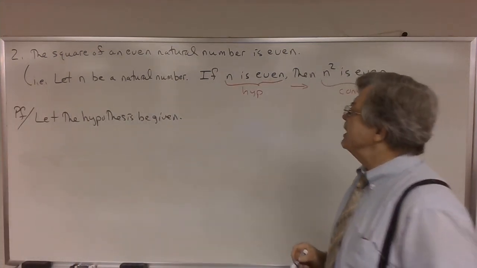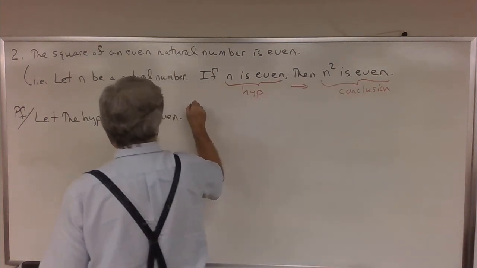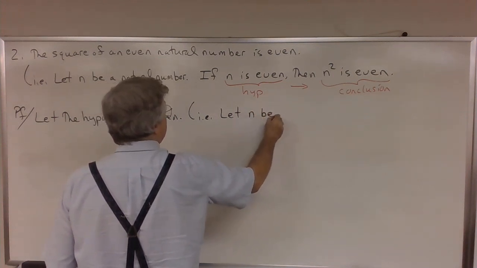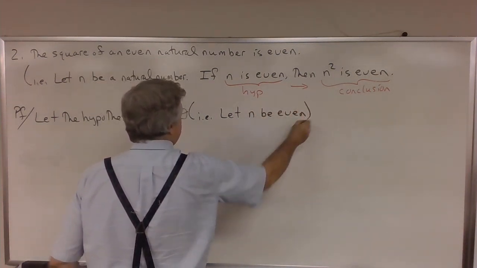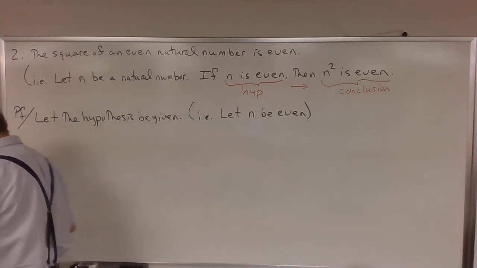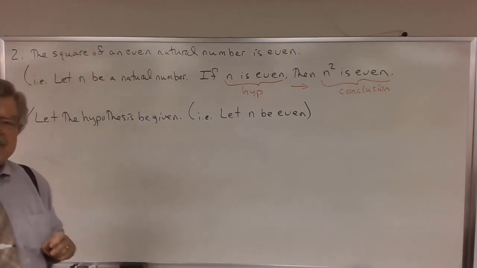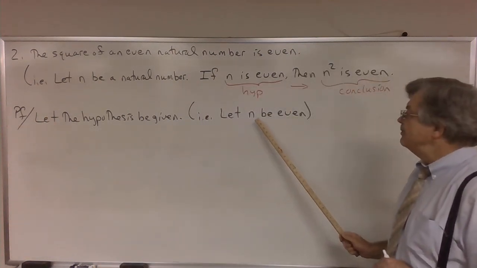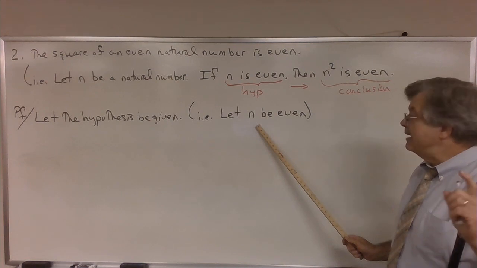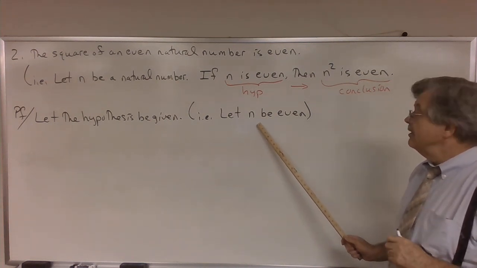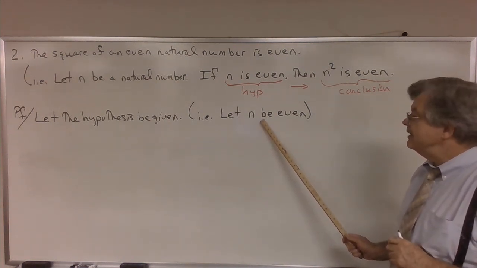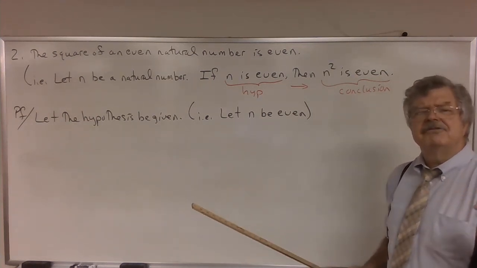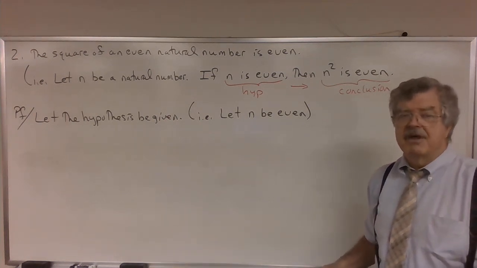So I'm going to write out my hypothesis. And it's a good thing that I wrote out my hypothesis, because now that I'm looking at it, I can take one more step. I don't know where this is going to get me, but I can see another step to take. If n is even, then I can write it as 2 times some other natural number.